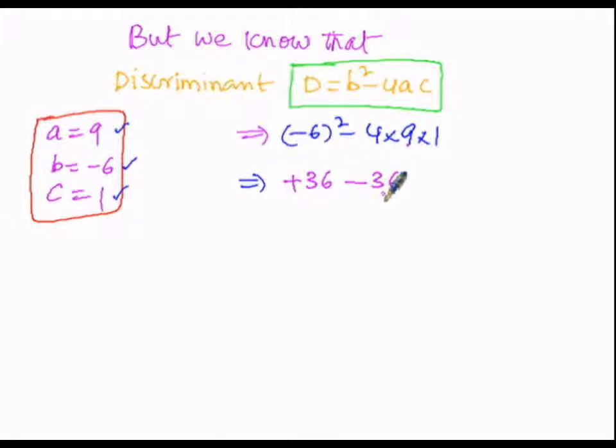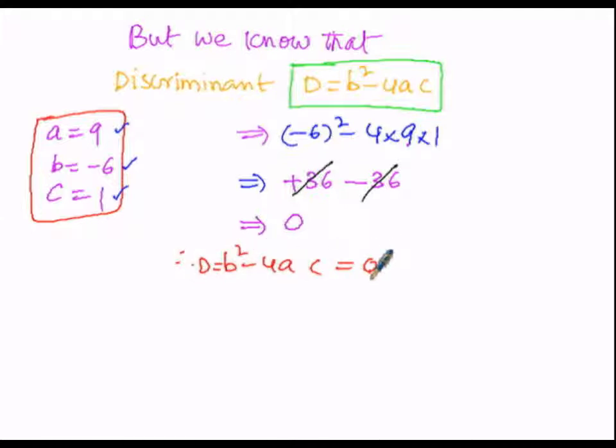So further simplification, this 36 is negative and this 36 is positive, plus 36 and minus 36 will get cancelled. So here 0 is left over. Therefore D value, that is b square minus 4ac, which is nothing but the discriminant, is equals to 0.